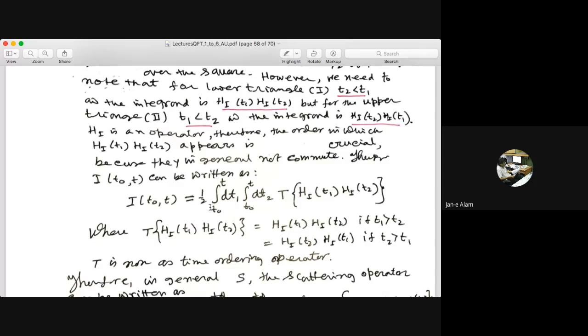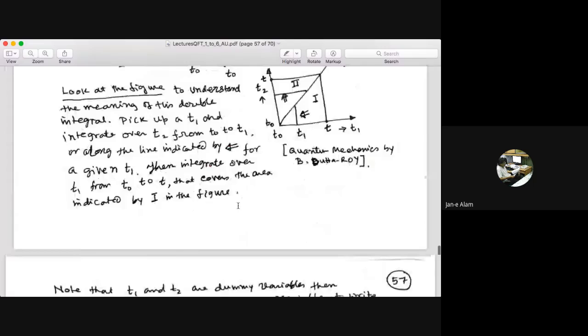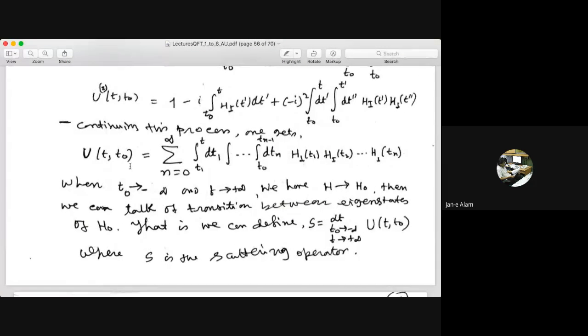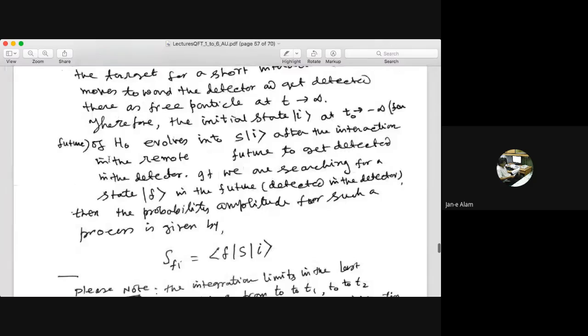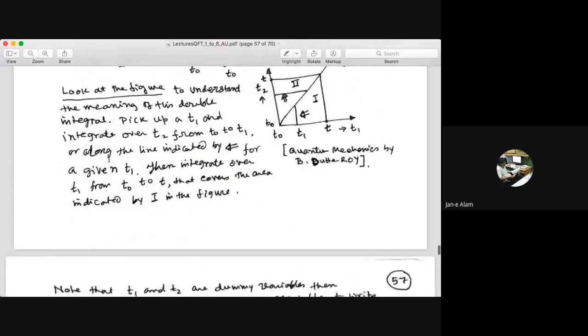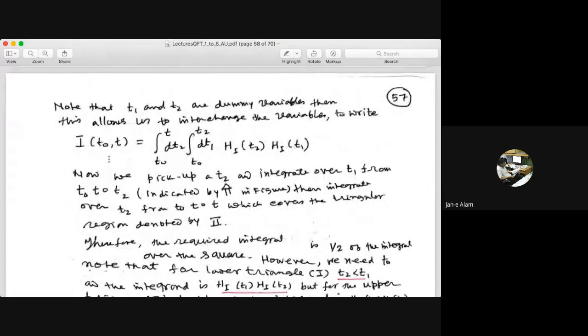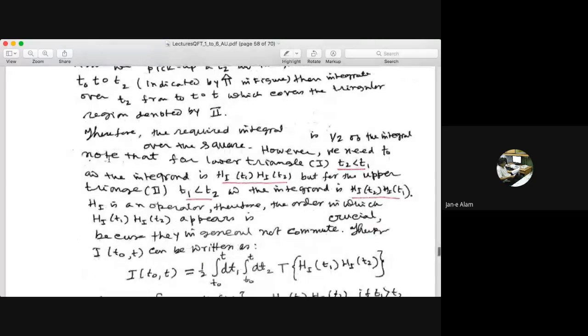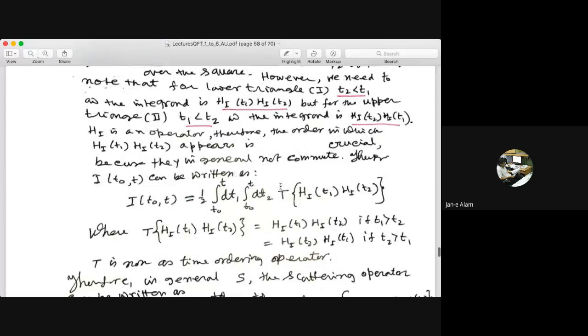So when I am calculating the scattering matrix, I argued that this U is nothing but the scattering matrix in the limit T0 tends to minus infinity and T tends to plus infinity. When evaluating this integration, it forces me to have this time ordering, because T1 can be greater than T2 or T2 can be greater than T1, and both are possible.